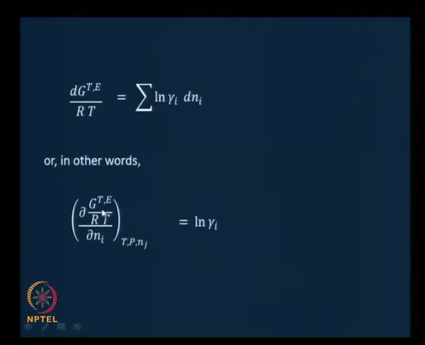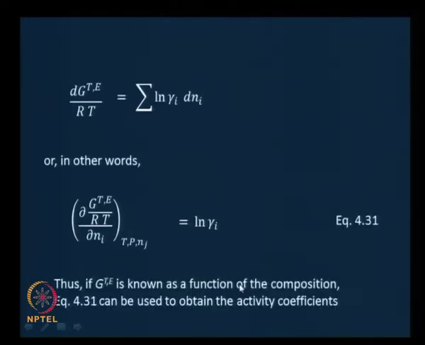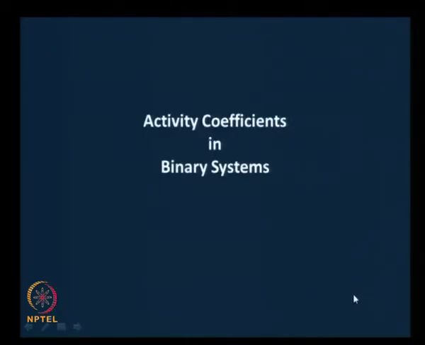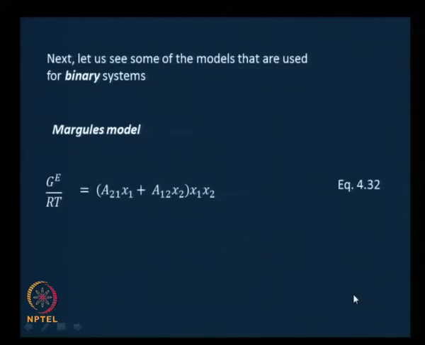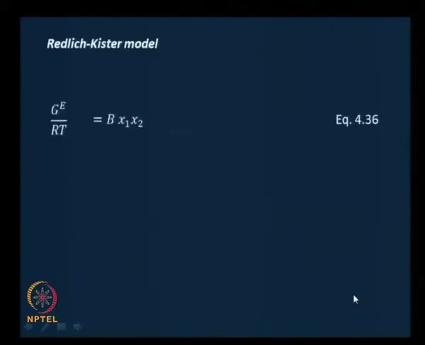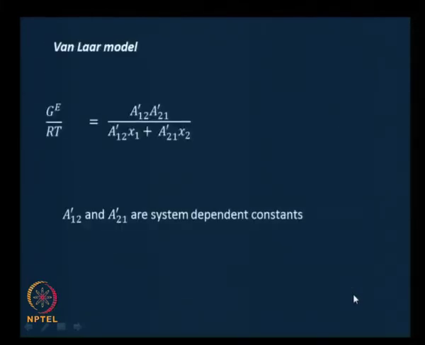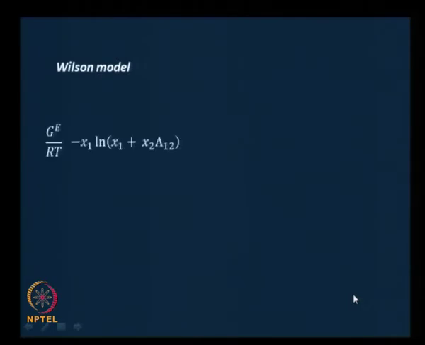The partial derivative of nG^E/RT with respect to N_i at constant T, P and N_j was ln gamma_i, and we saw various models: the Margules model, the Redlich-Kister model, Van Laar model, and the Wilson model for activity coefficients in a binary system alone.